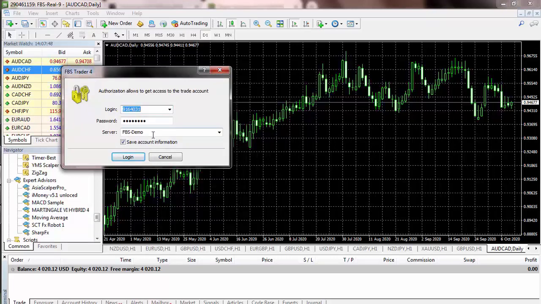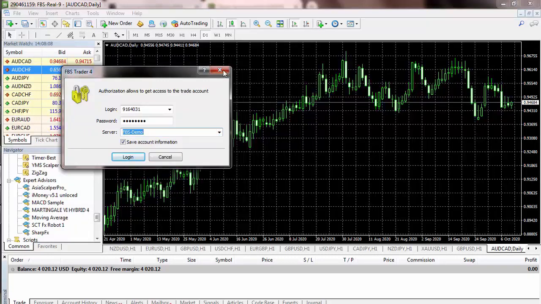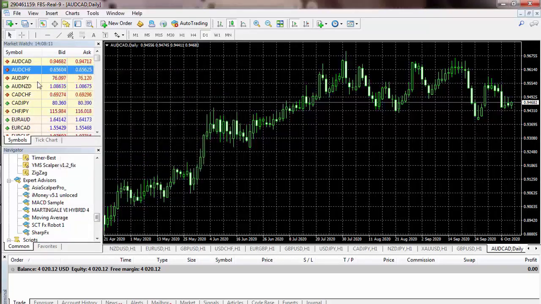But if it is a real account you want to log in, then part of what they will have given you is whether it is real, non-real, one of these you will be given. So like this one now, this is real 9. So real 9 now is this. So that's what we are having on this platform now.